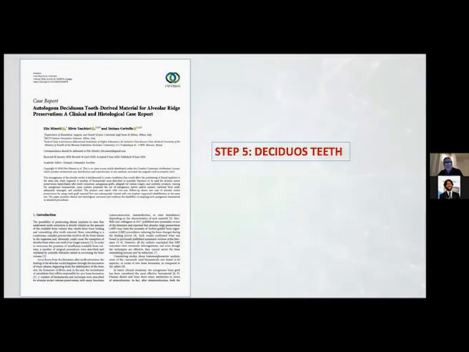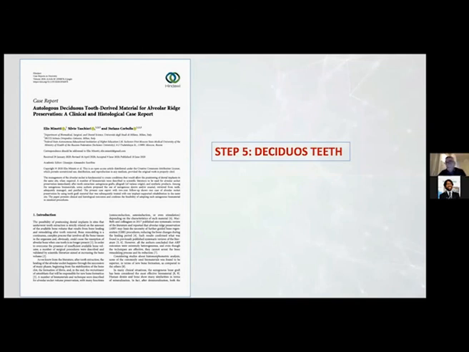And step 5 was the deciduous teeth. We tried to use deciduous teeth because in the literature we have a lot of analysis of the presence of BMP2 in deciduous teeth, and it's interesting to understand that the quantity of BMP2 is very high in the deciduous teeth.